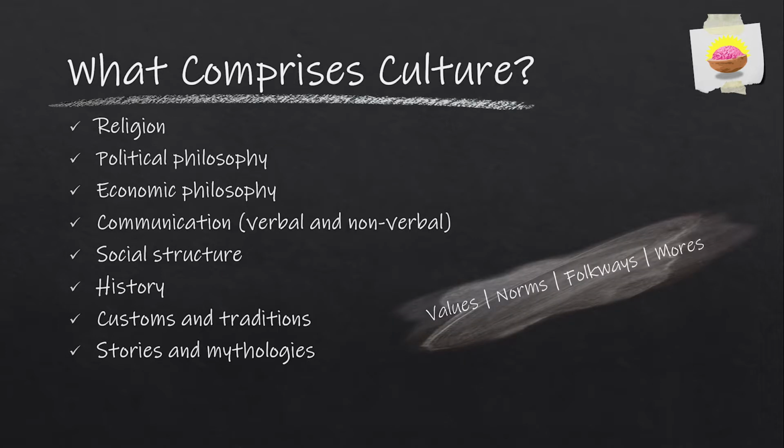Culture includes just about everything: religion, political philosophy, economic philosophy, communication, social structure, history, customs, traditions, stories, mythologies, you name it, it's all involved in culture. But what I'm going to do here is dig just a little bit deeper into values, norms, folkways, and mores.